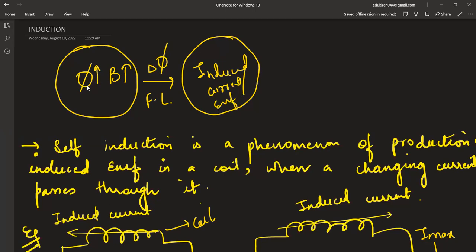Now see, the flux or magnetic field of this coil is only increasing and induced current is being produced in this coil only. Understood? Same coil. That's why we call it self-induction.